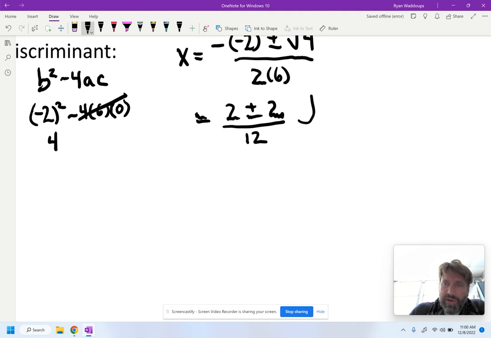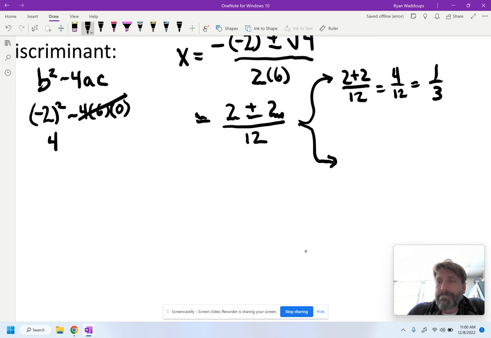And then we can separate this out into two numbers here. We've got 2 plus 2 over 12. That's 4 over 12, and that simplifies to 1/3. And then I've got 2 minus 2 over 12. And 2 minus 2 is 0 over 12, and 0 divided by 12 is 0.